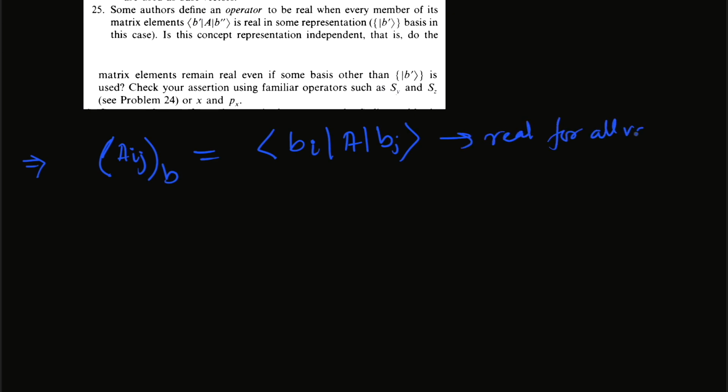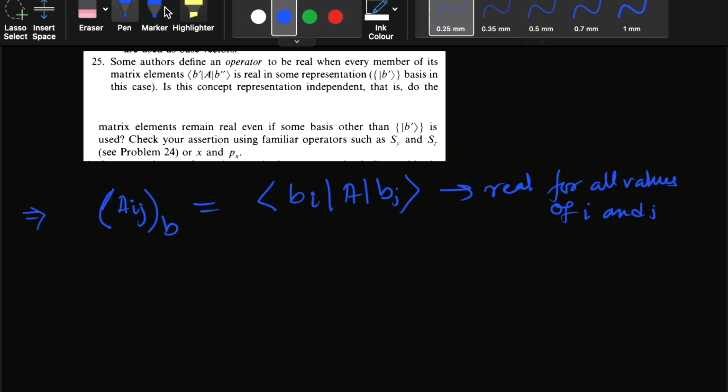So that means our element a_ij in matrix representation B will be <b_i|A|b_j>, which is real for all values of i and j. So let me check.